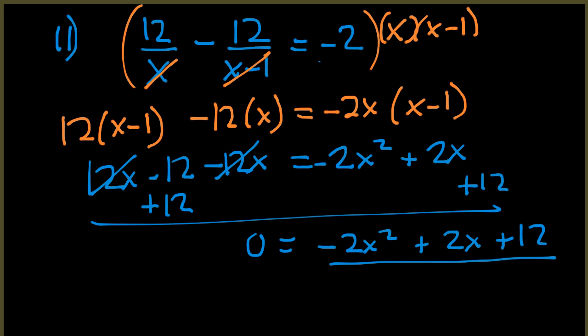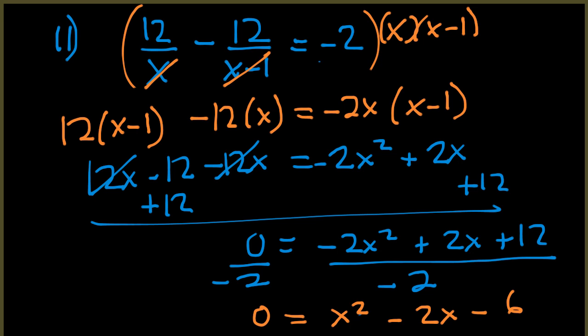Okay, I'm going to divide both sides by negative 2. So what I'm left with is 0 is equal to x squared minus 2x minus 6.